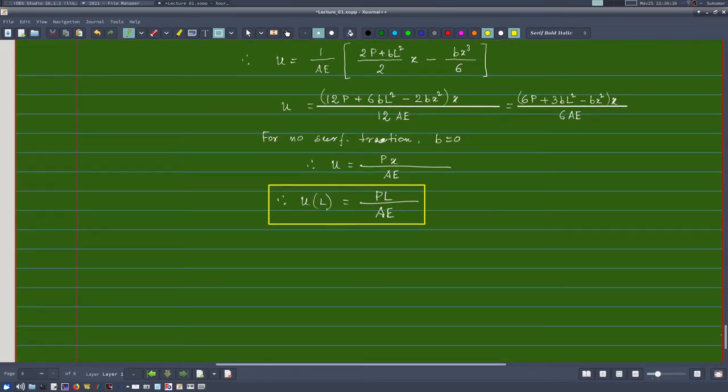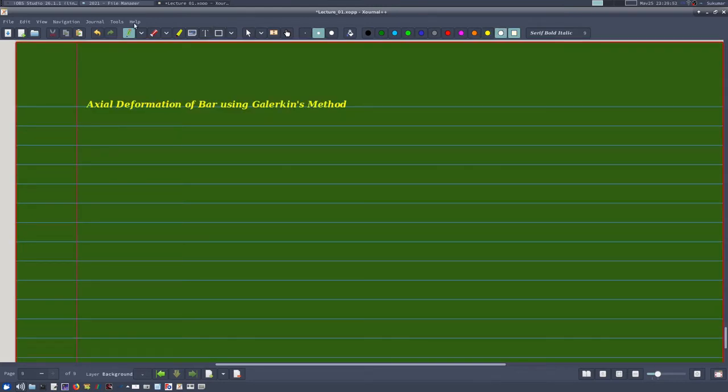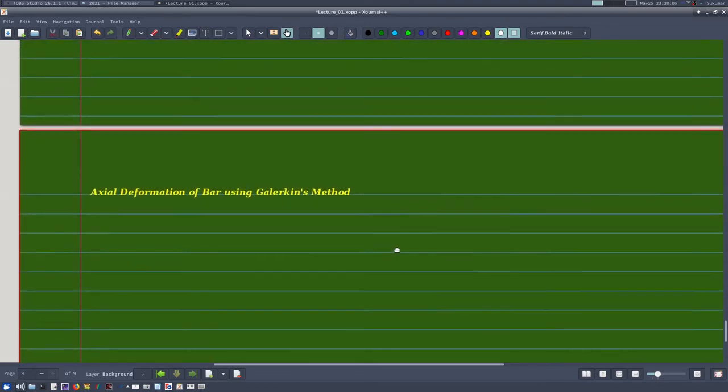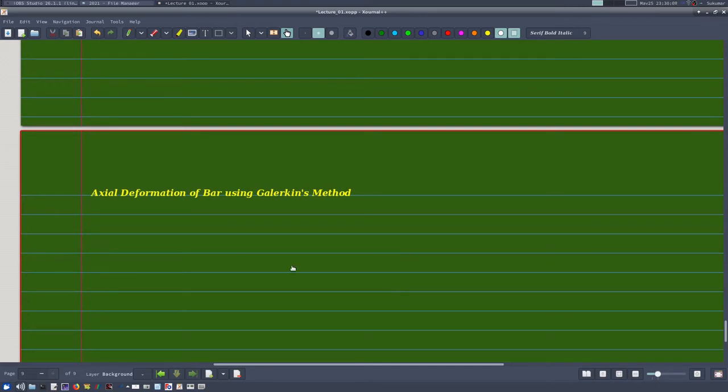Now let's go for finding the same thing, the axial deformation of the bar, using Galerkin's method. All right, using Galerkin's method. So as we discussed already, in Galerkin's method, what we do is we try to fulfill the governing differential equation in an approximate manner, as we have already discussed.